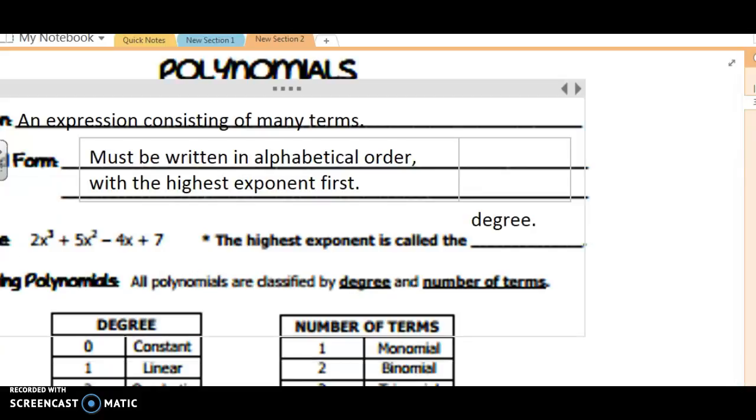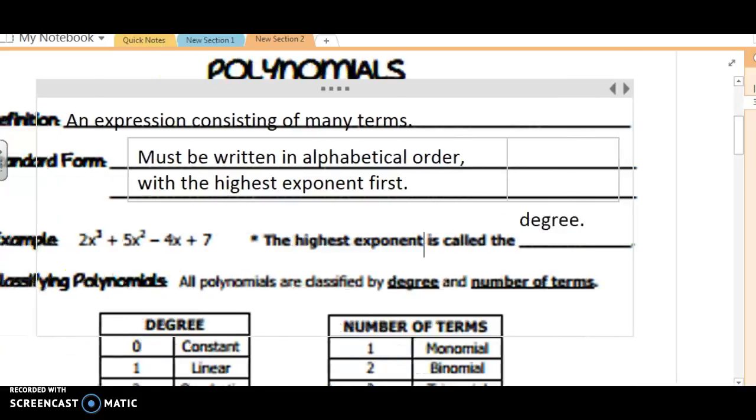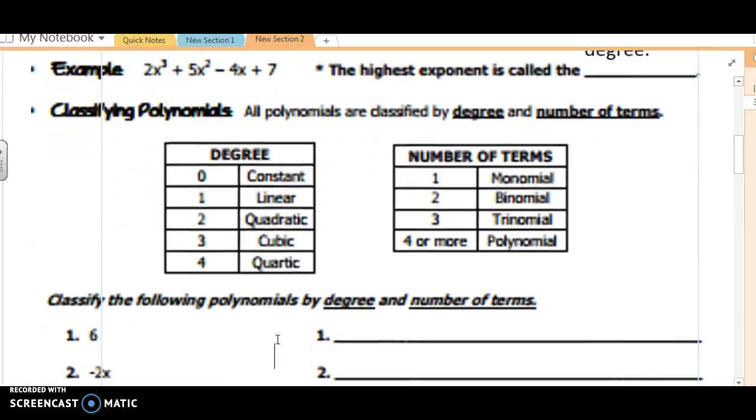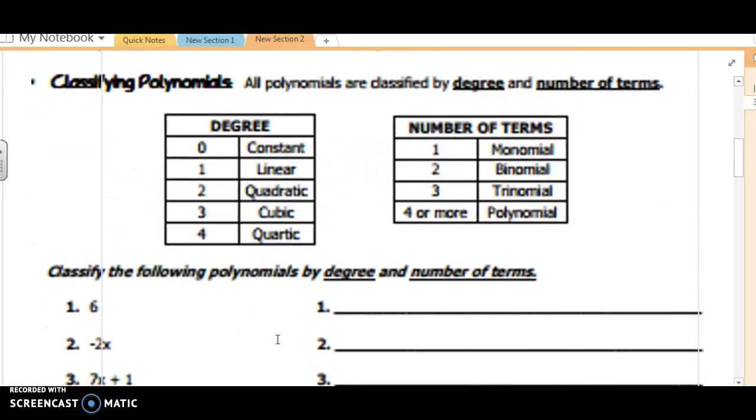All right, so let's talk about classifying polynomials. If we're classifying polynomials, we're going to classify them by their degree and then by the number of terms.